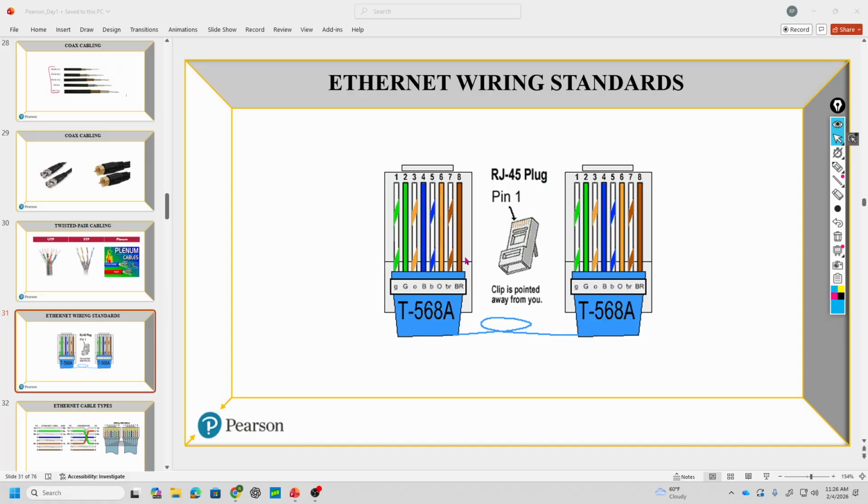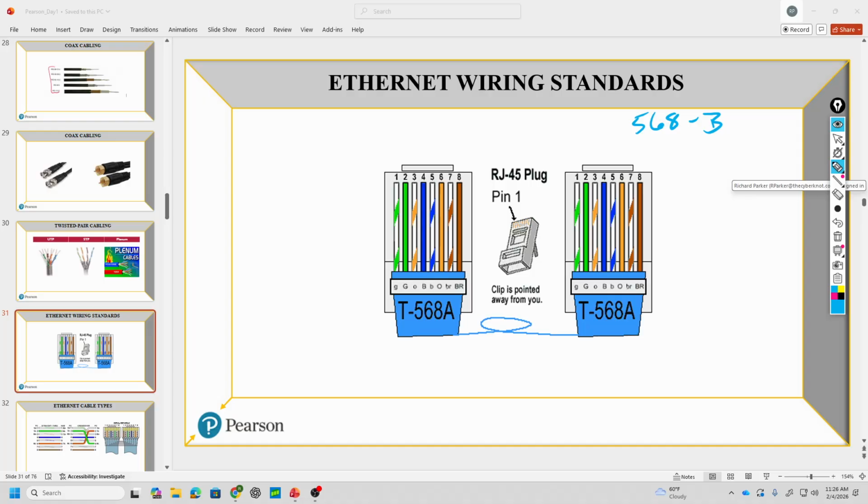Now, Ethernet wiring standards. This is showing 568A. There's a 568A, and there is a 568B. A in the early days was your commercial standard. B was your residential standard. Not so today.